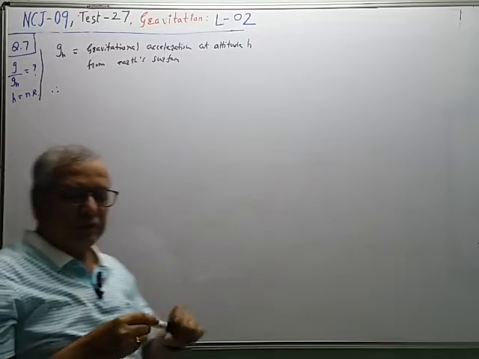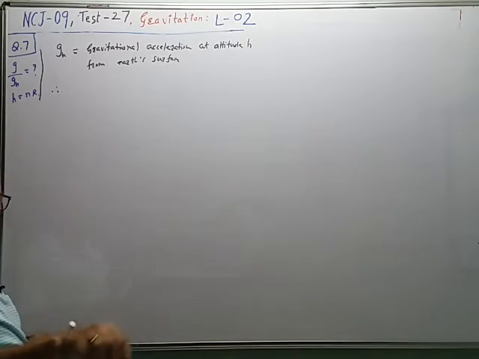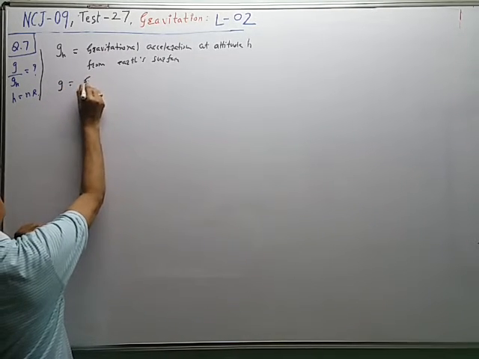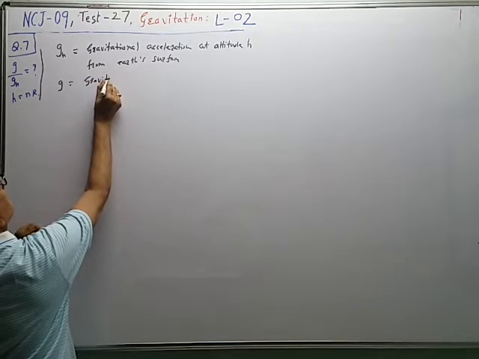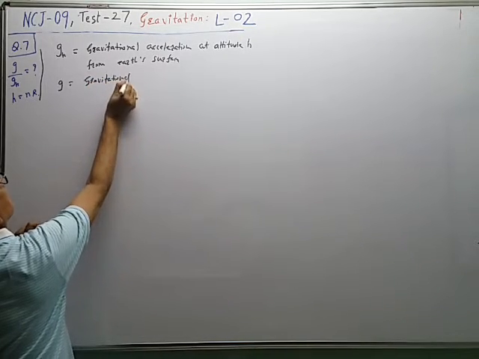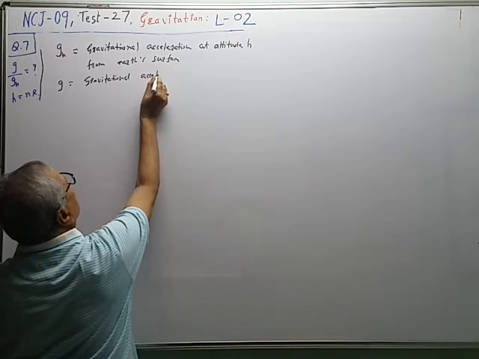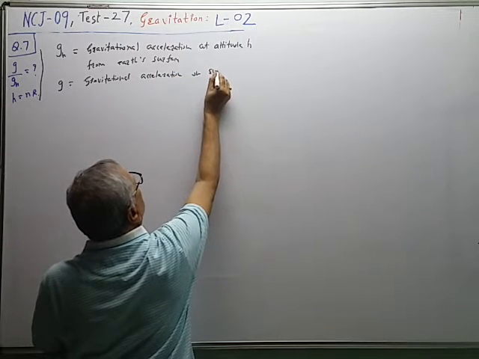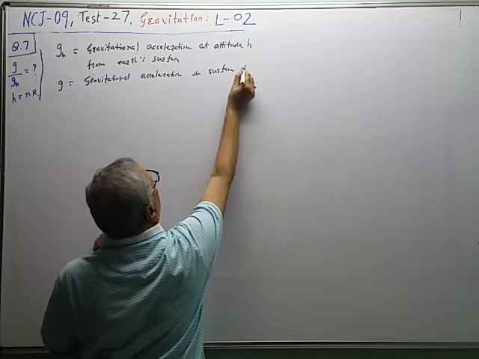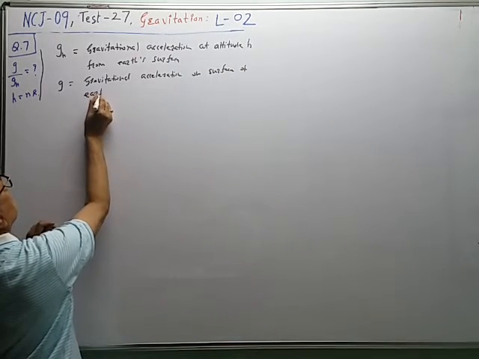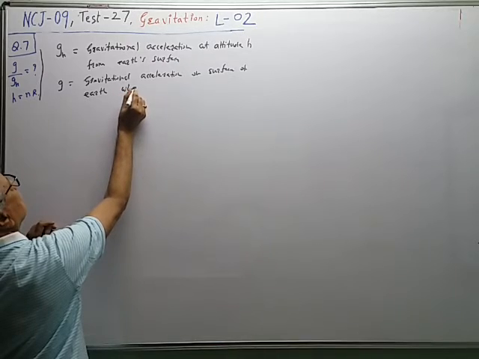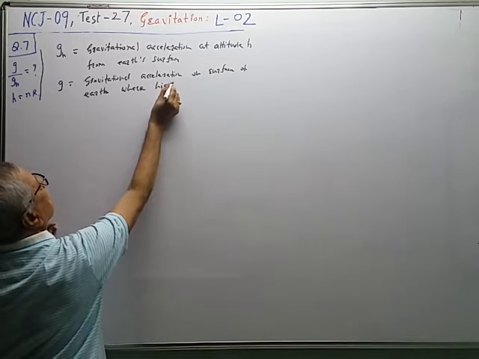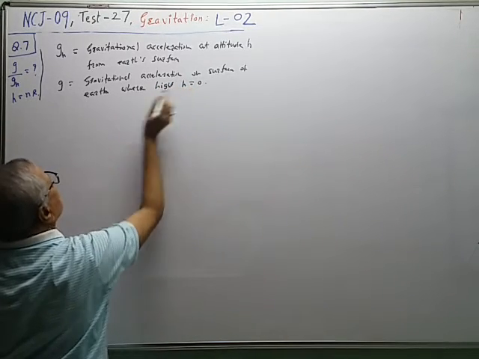Therefore, we have derived this relation. g is equal to the gravitational acceleration on the surface of earth, where height h is equal to 0.